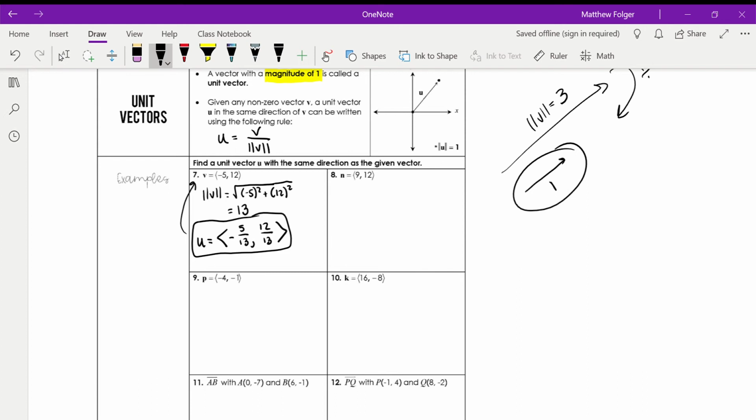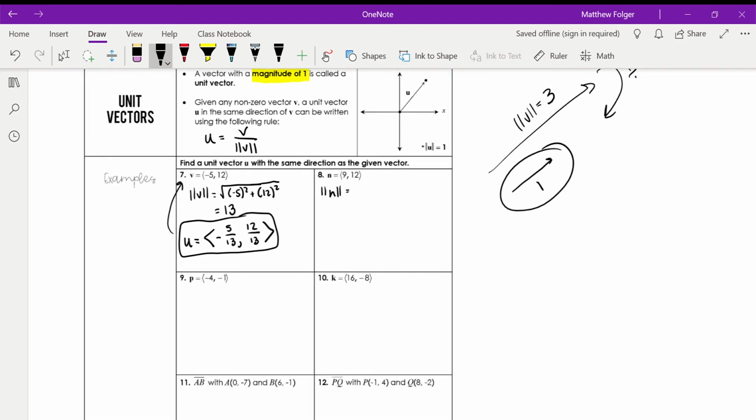So let's do the second example. We want to know the magnitude of n. The magnitude of n is the square root of 9 squared plus 12 squared. Well, 81 plus 144 is 225, I believe.